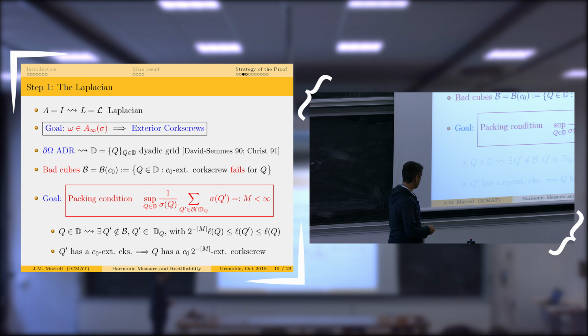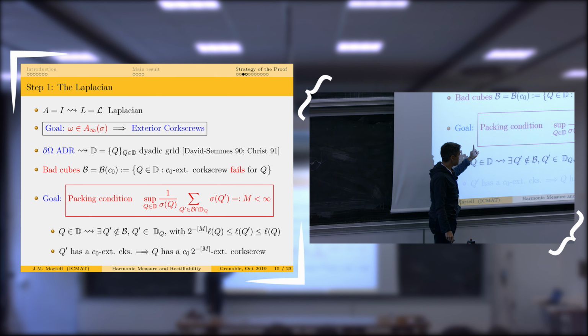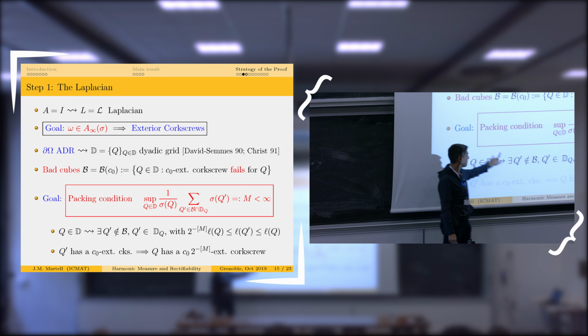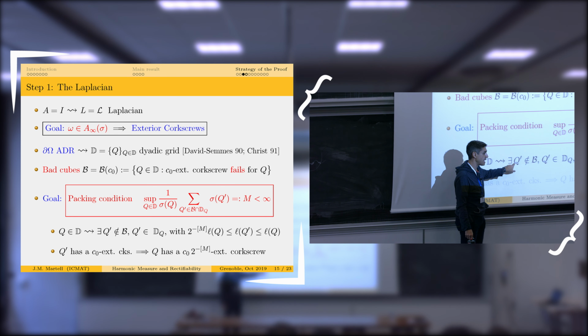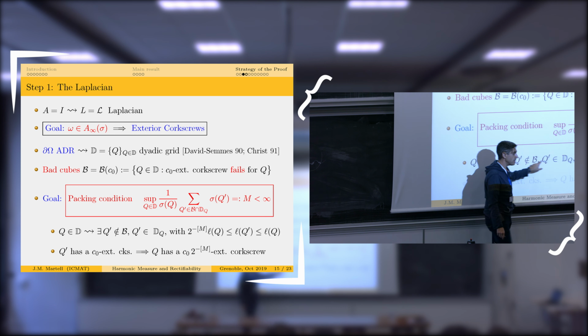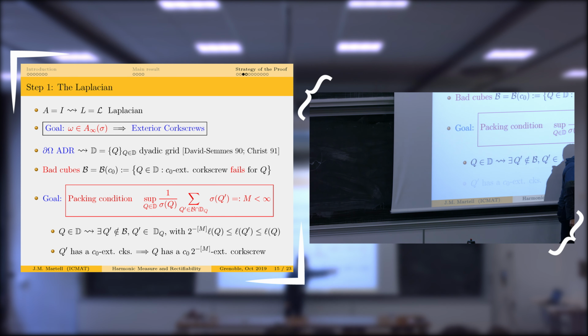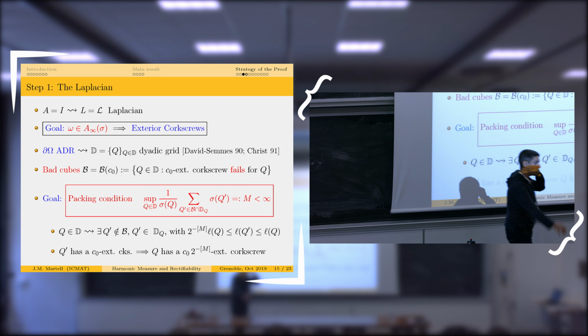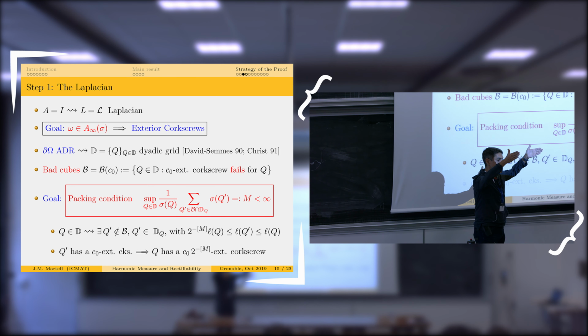And I claim that it suffices to show this. Why? Because of the following. Suppose that I have proved this. Give me a cube, and I can show that there exists a cube which is bad with size between the length of Q and 2 to the negative n. Why? Because if not, what happens is the following. I have the first generation.